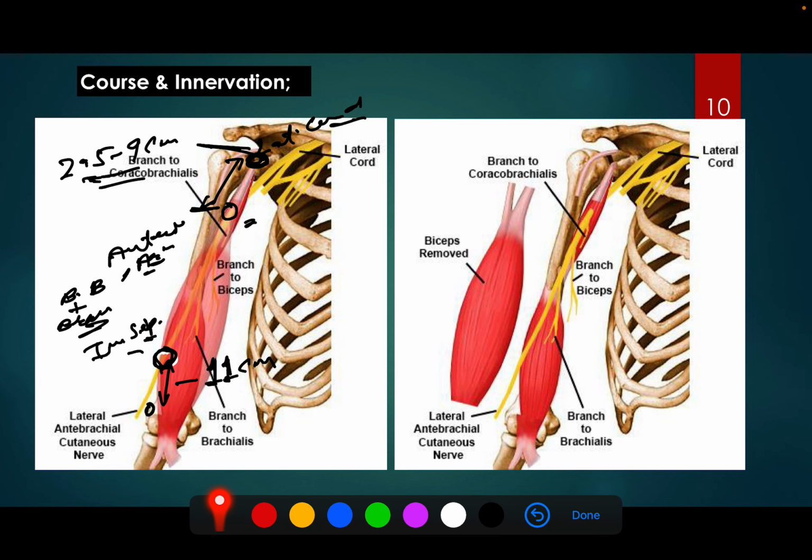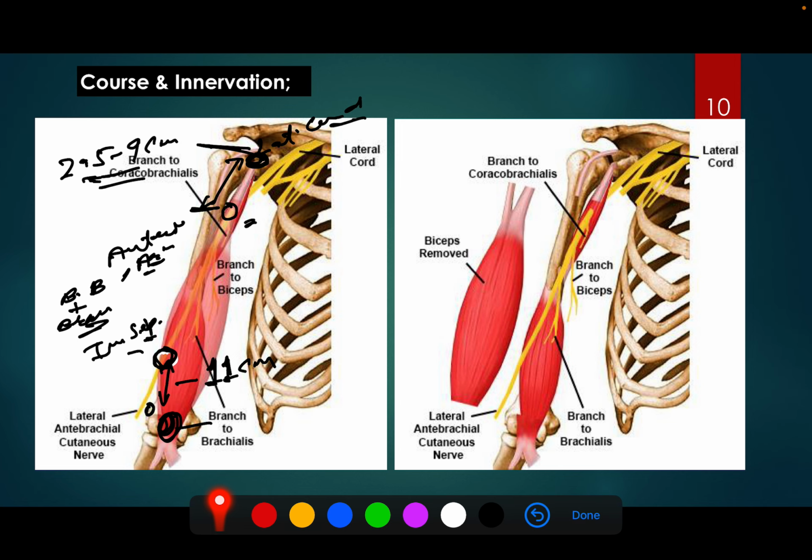And the relation is, this is our biceps brachii muscle tendon, right? So it is passing lateral to the biceps brachii tendon in my cubital fossa. This is the cubital fossa. So terminally it becomes what? Lateral antebrachial cutaneous nerve, and it supplies the lateral part of my forearm. Okay, so this is the course. If we know the course, so what is the course?